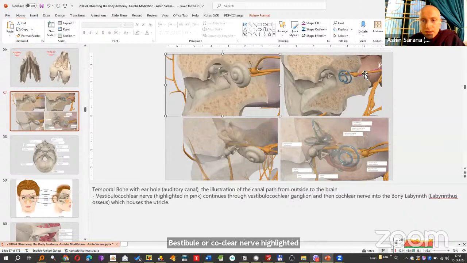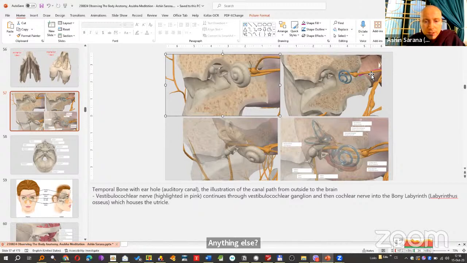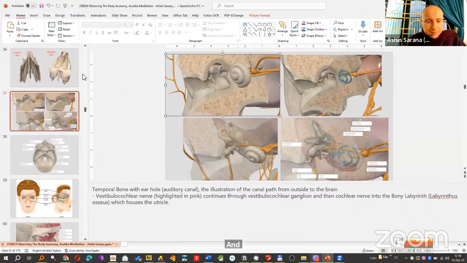So that's over there. Anything else? Temporal bone with ear holes. The illustration of the canal path from outside to the brain. The vestibulocochlear nerve highlighted in pink continues through the vestibulocochlear ganglion and then the cochlear nerve into the bony labyrinth. So the description says that this nerve goes gradually inside, and it connects to the cochlea.